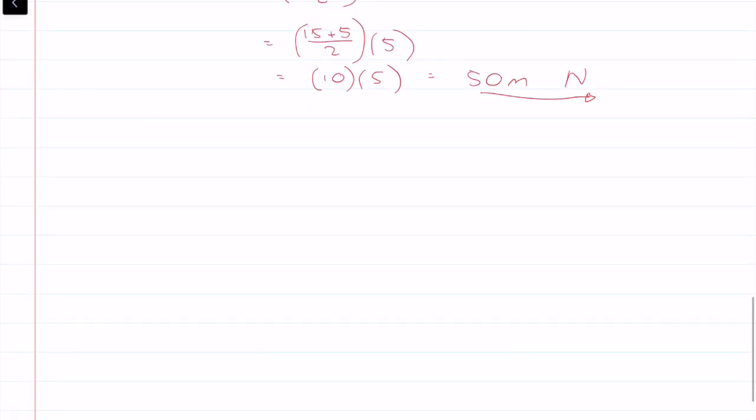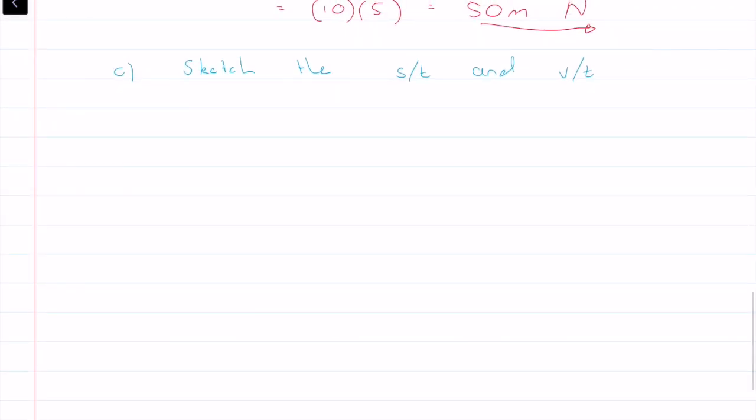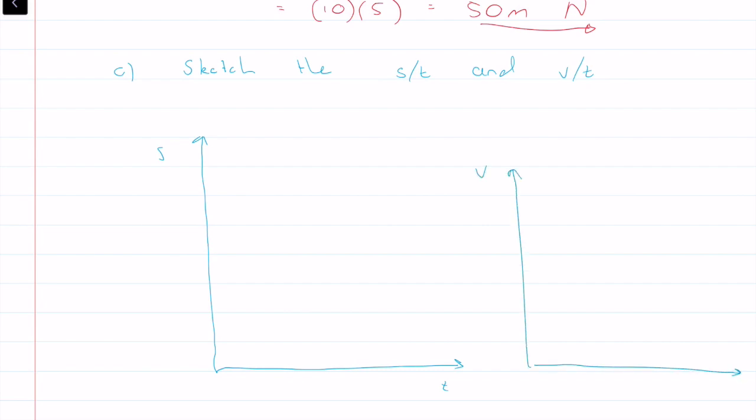Okay, so next, part C says sketch the displacement time graph and the velocity time graph. Let's start off with the displacement time graph. So we have an ST graph and then we have a velocity time graph.